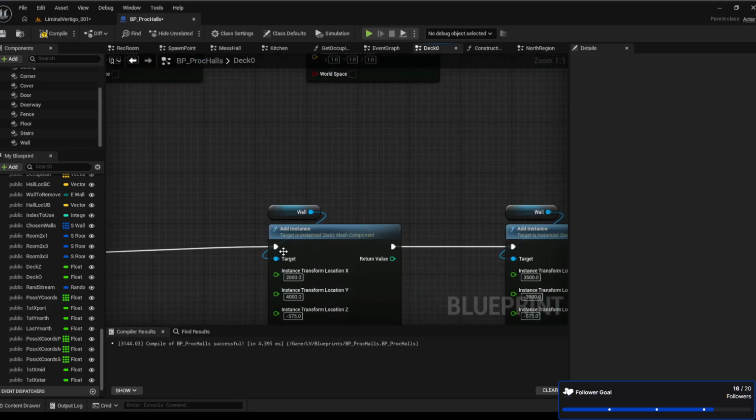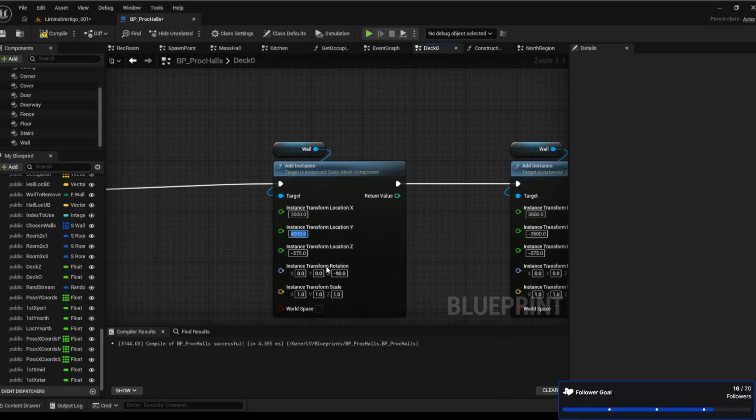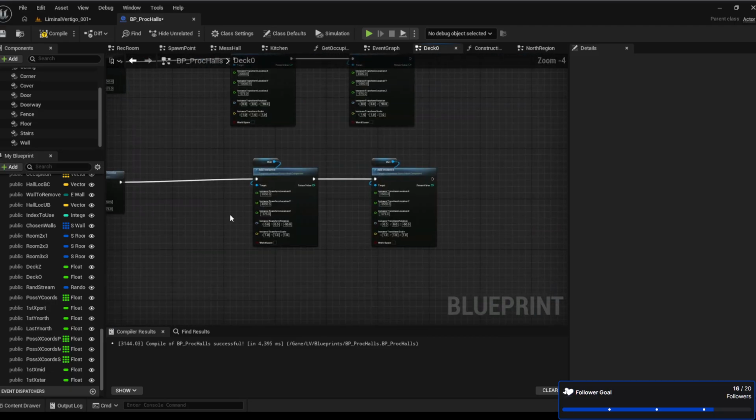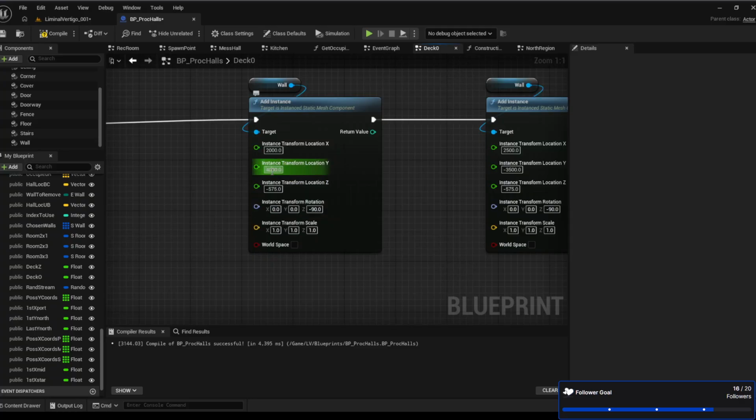Paste here. Paste here and paste here. Okay.